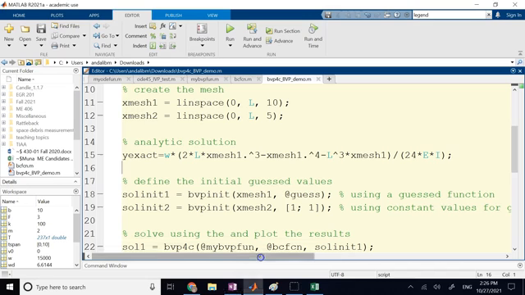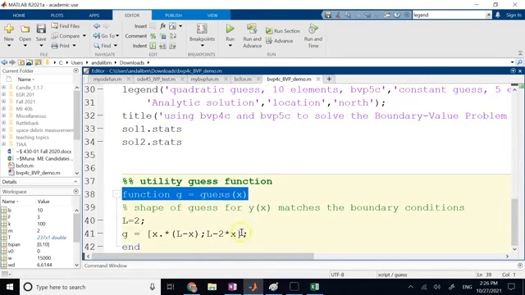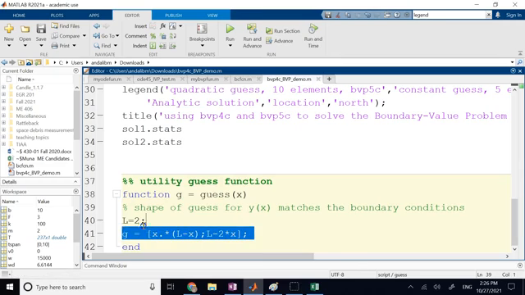And that's what you see I have done here. I defined a function called guess. This function is defined down below here, and it is a quadratic function, as you can see. This is x times L minus x. Clearly at x of 0, it's 0. At x of L, it's 0. In the middle, it is going to be minimum.